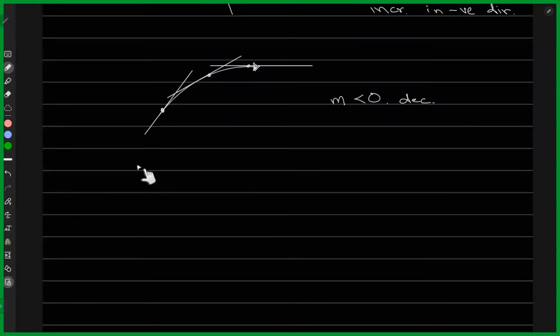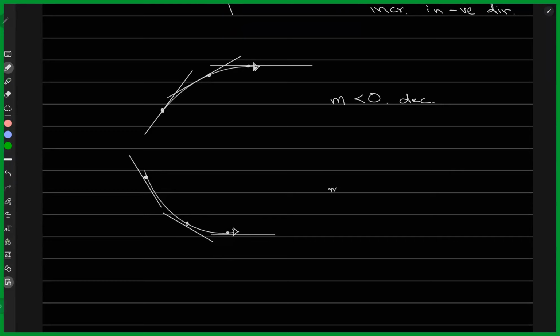Then you have another shape, finally, that looks something like this. For this one, you see that the line is going downwards, and the gradient at each point is also going downwards, right? And then eventually it becomes horizontal.